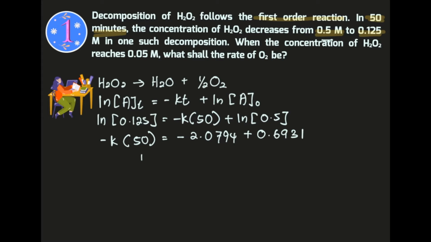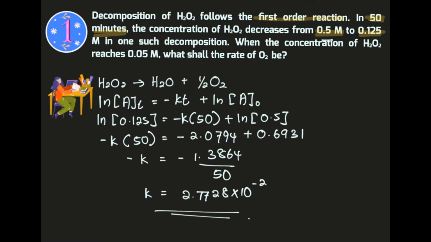So negative k is equivalent to negative 1.3864 divided by 50, and therefore you will get k equal to 2.7728 times 10 to the power of negative 2. So this is the first part of the calculation.